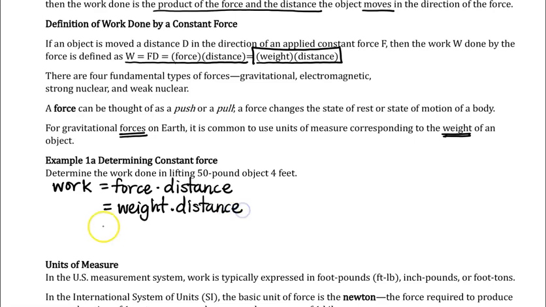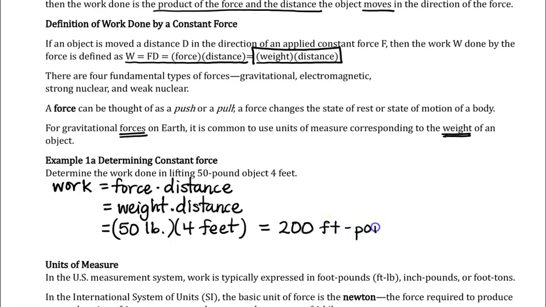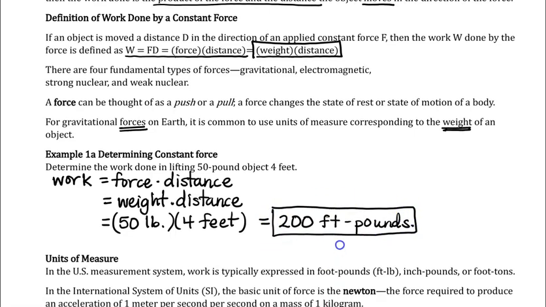They tell us explicitly that the object weighs 50 pounds and that the distance it travels is 4 feet. So we take 50 pounds and multiply it by 4 feet to get an answer that the work done is 200 foot-pounds. Foot-pounds is one of the units of measure for work, and we'll see some other ones here.